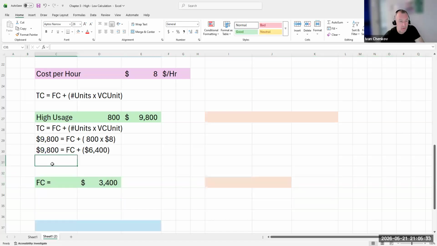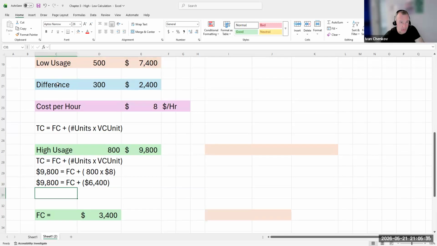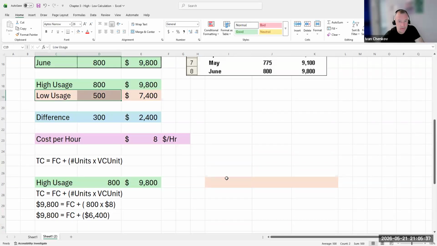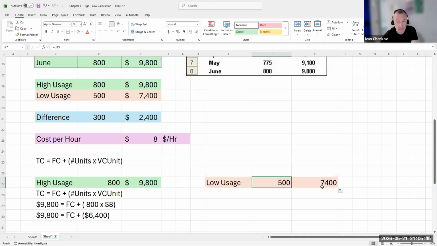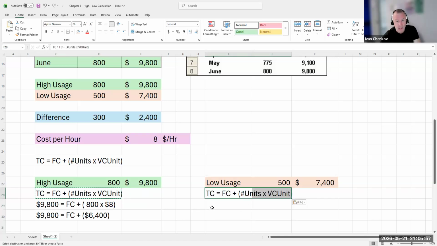Now let's do the same calculation at the lowest point of usage to see what this is going to give us. At the lowest point of usage, we have used 500 hours and our cost is $7,400. So again, that's my formula. The formula is not going to change, but that's the beauty of the formula. Then I can start substituting.